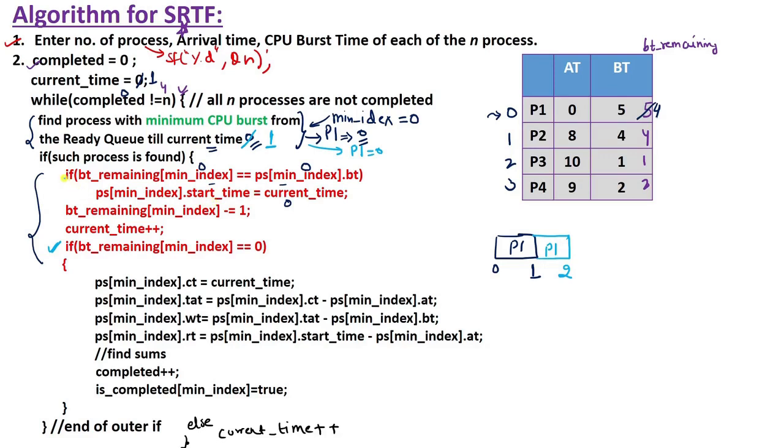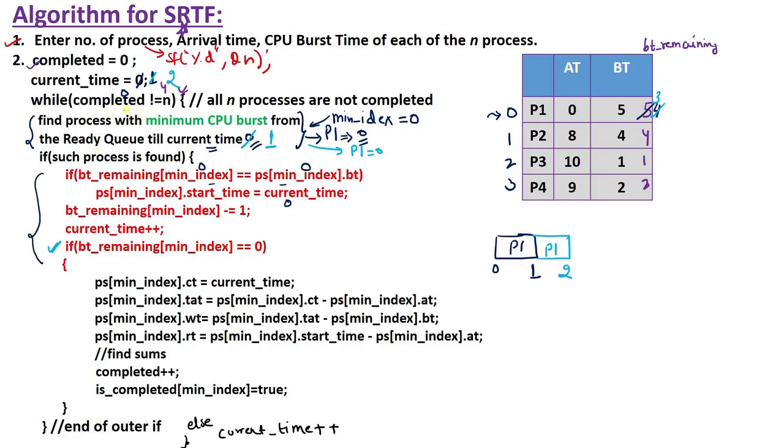So we skip this if and just decrement the remaining time by 1. It will be now 3, and current time is 2. Then we check if that process has been completed: the remaining time is 3, not equal to 0, so we leave this and start again.